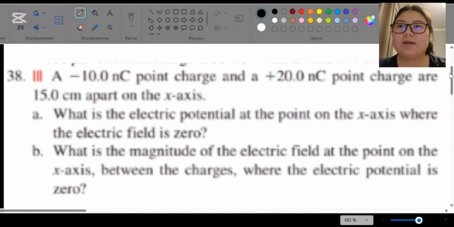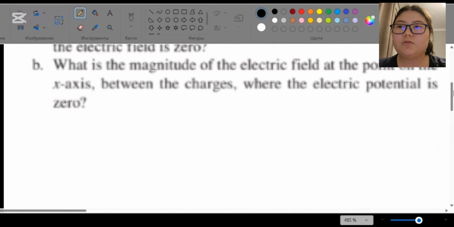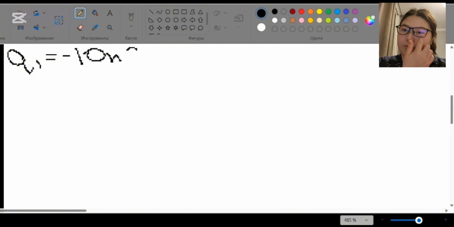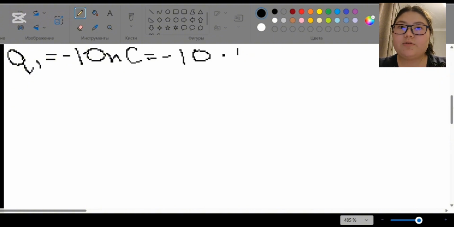First, let's write what is given so it would be more clear. We have point charge number 1, which is equal to minus 10 nanocoulomb. Let's put the right units. So it's going to be minus 10 multiplied by 10 to the power of minus 9 coulomb.